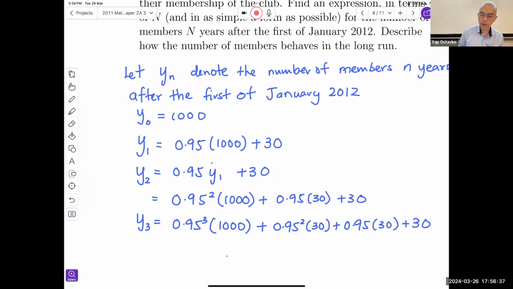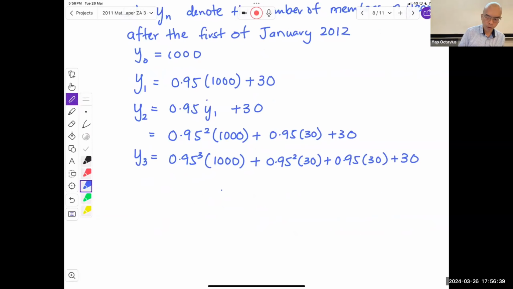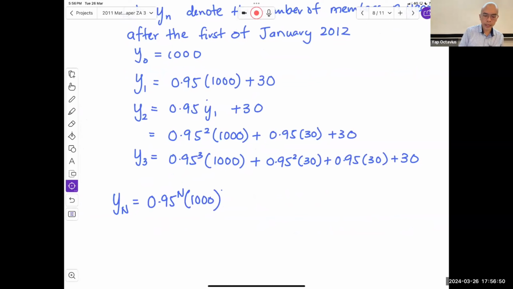Okay, so let's go for our yn. Therefore, yn will be 0.95 to the n, so this index is 3 and 3. Now factor out the 30, and then write this in reverse order.